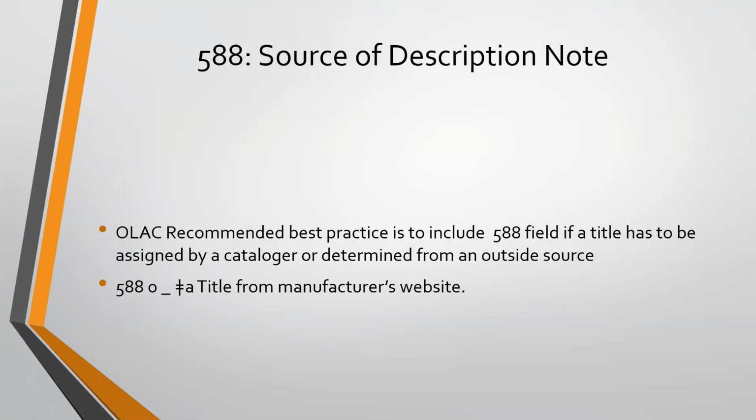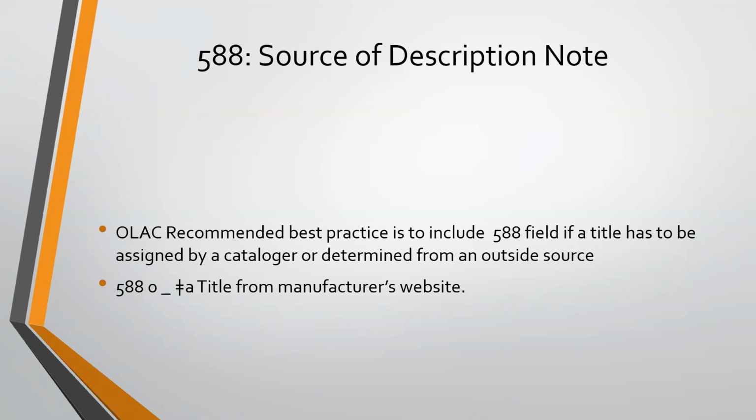588 source description note. So this is an OLAC best practice recommendation to use a 588 field if a title has to be assigned from a catalog or determined from an outside source. You can technically do this in a 500 note, and I feel like this is probably what a lot of us are used to doing for this sort of thing.